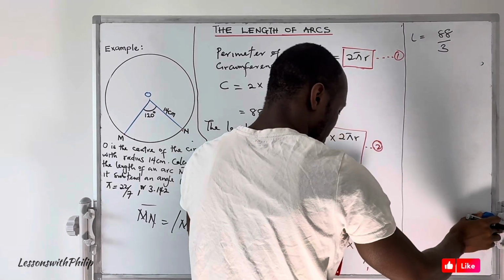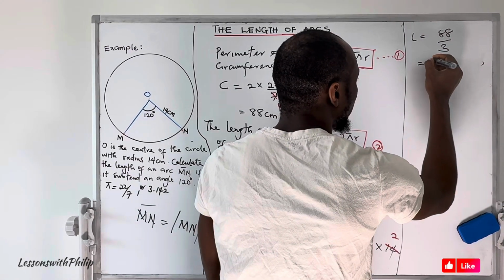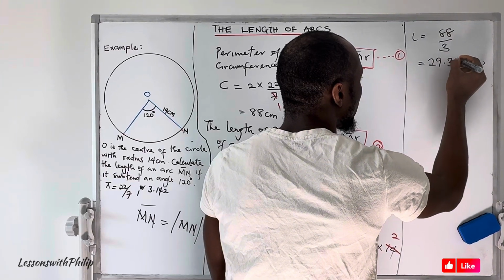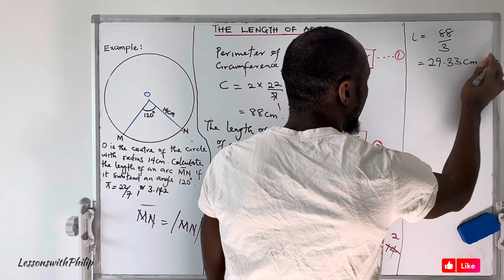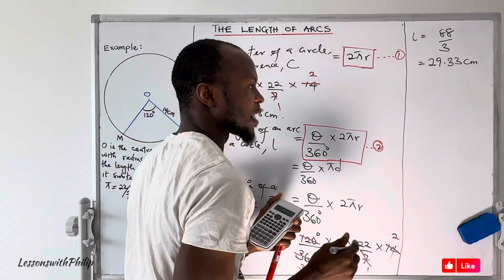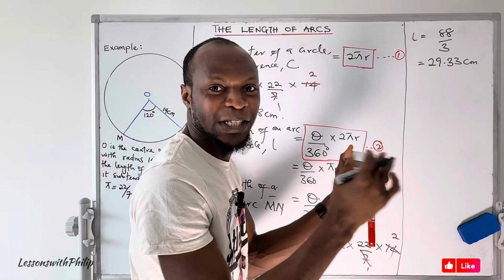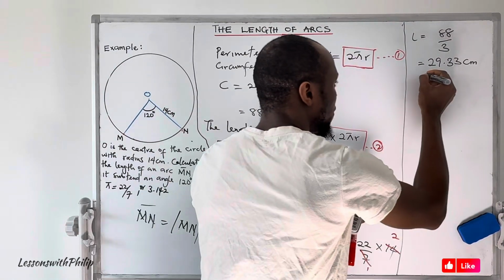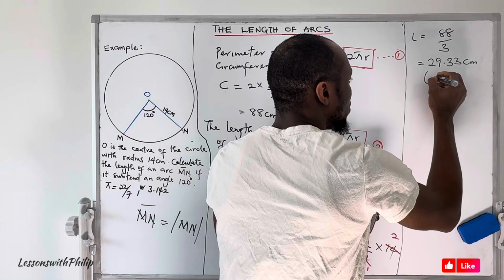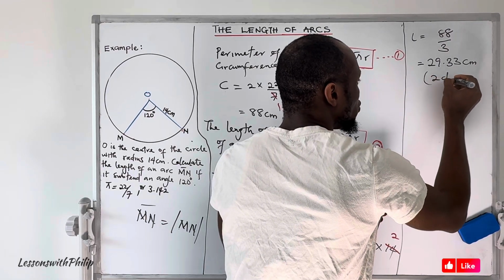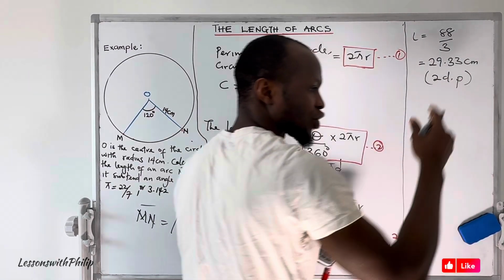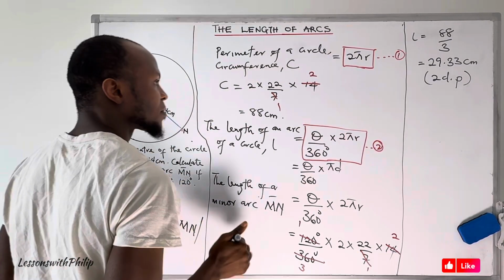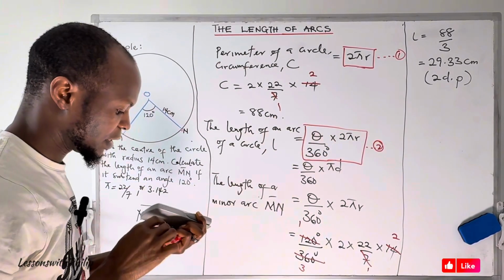We have a lot of threes at the back, so it's equivalent to 29.33 centimeters. Because I shorten this answer, always put it to two decimal places because I have many digits at the back. Now this is what I'm asked to calculate.